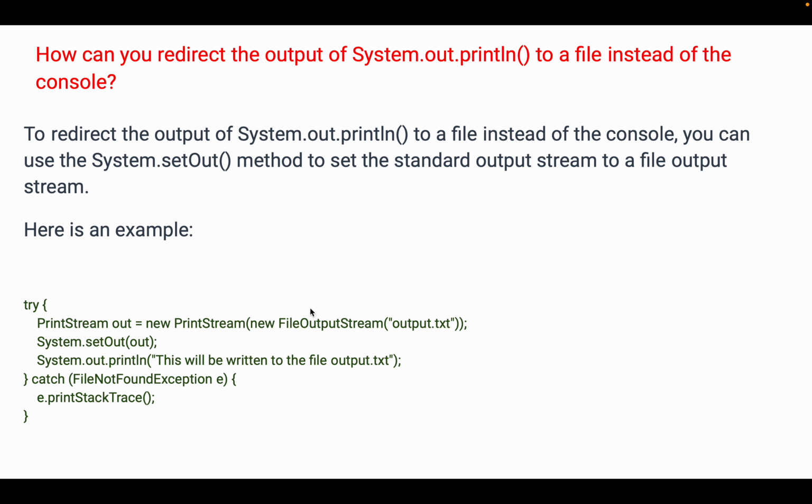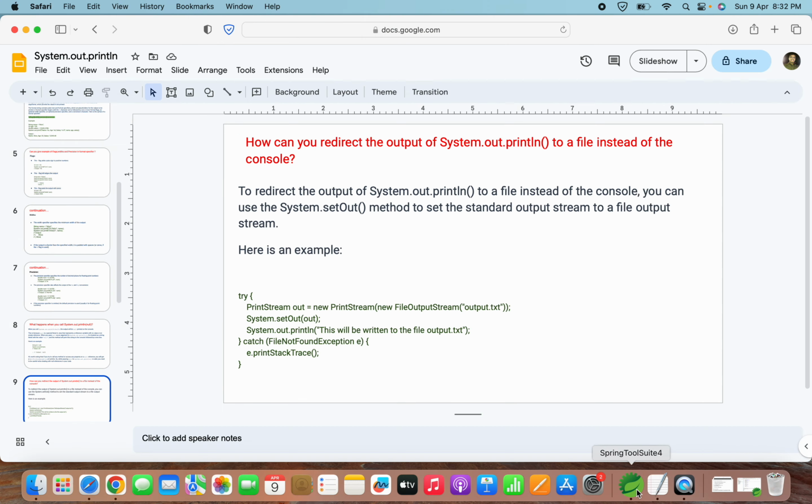This is passed as an object to PrintStream, and whatever PrintStream reference we get, we use it in System.setOut. So when we use System.out.println, since we have redirected the output stream to output.text, whatever text we pass will be written to that file. Okay, so now let's see the working example of it.